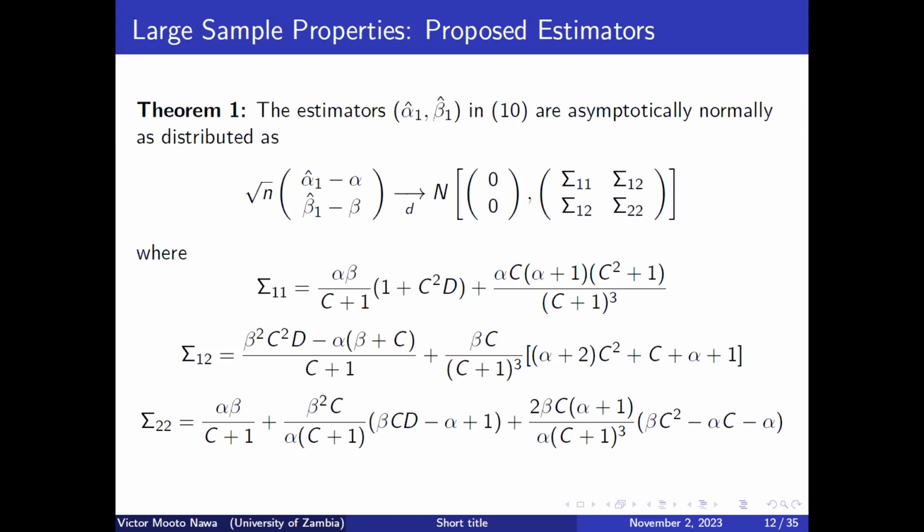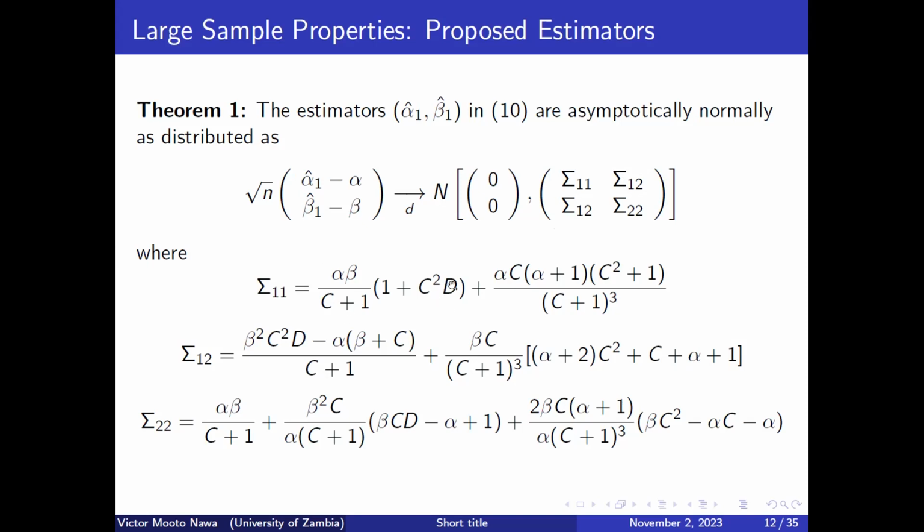The first theorem that we are looking at here is the large sample properties of the first proposed estimator in 10. Here we show that these estimators are asymptotically normally distributed, and the covariance matrix is given by this expression here, where the variance for alpha hat 1 is some function of alpha and d.